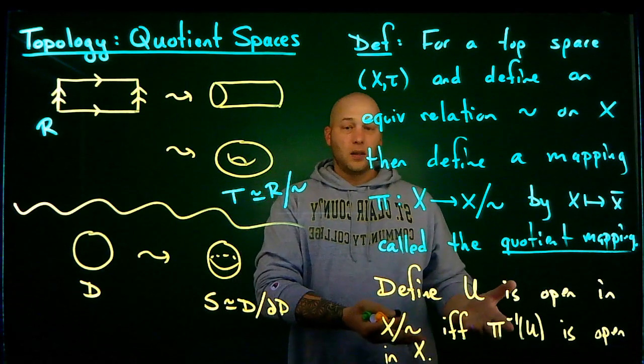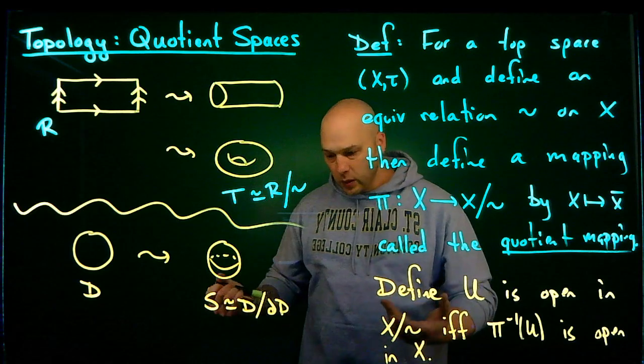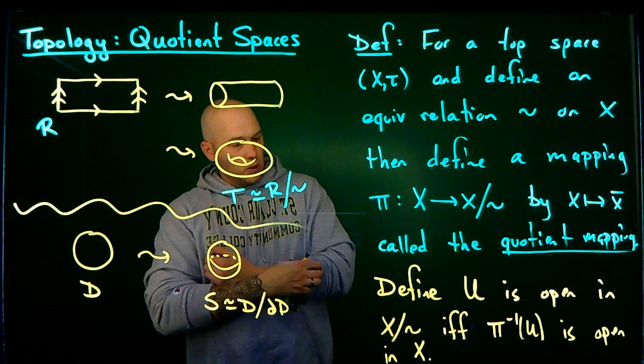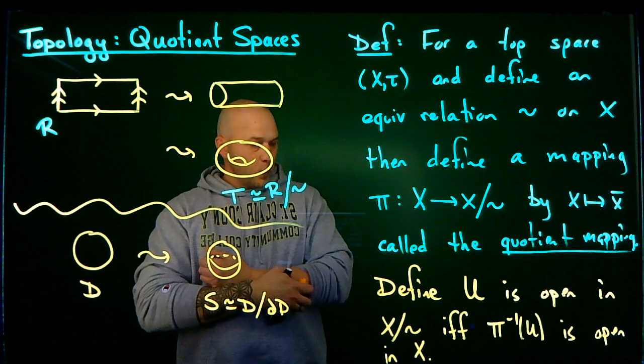Defining it this way forces that function to be continuous, which allows me to define a topology on the quotient.